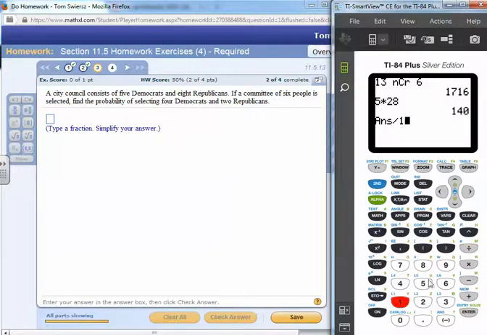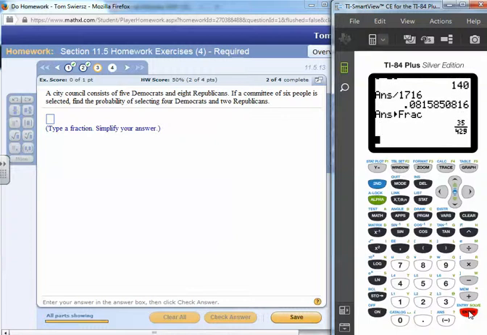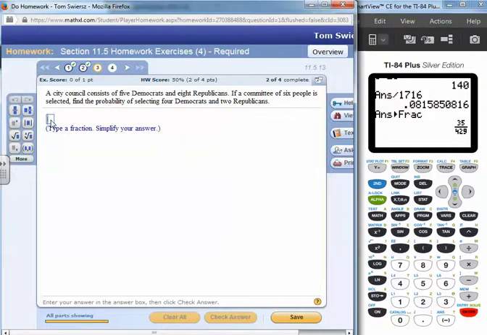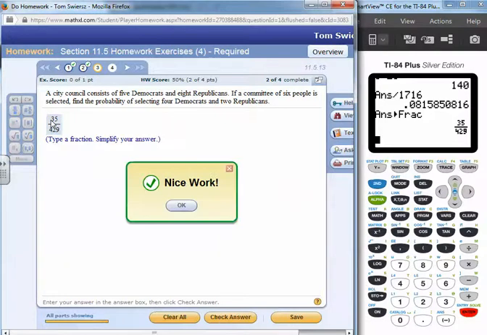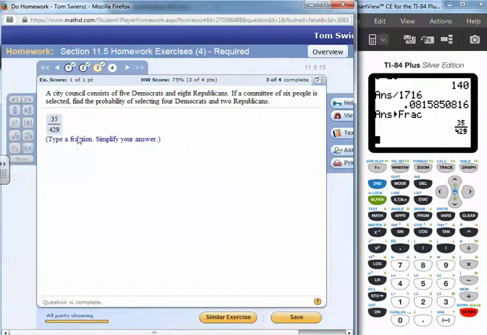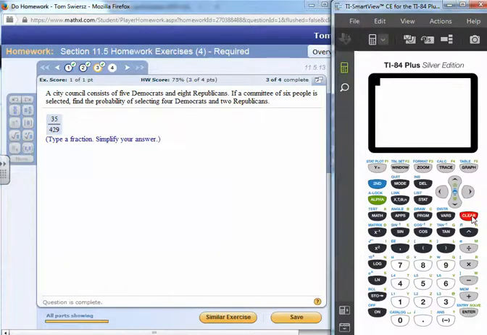Then we'll go math, and then enter twice, and it does reduce again. So go ahead and with your numbers, your problem may reduce also. 35 over 429, and that is indeed the correct answer.